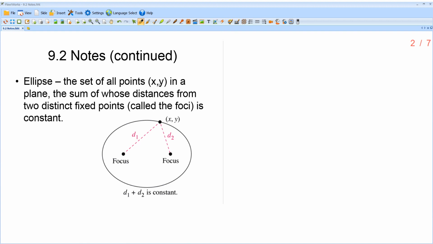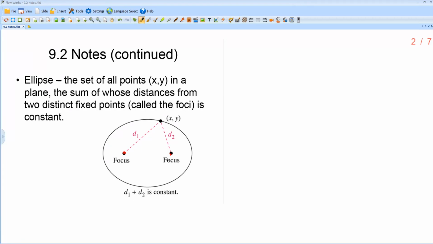So it's the set of all of the points, x comma y, so all these coordinates, where the sum of the distances from the two foci is the same. So here in our picture, you can see that there are two foci. I guess we're going to have to keep saying that word. There is a focus over here and a focus over here in the ellipse.